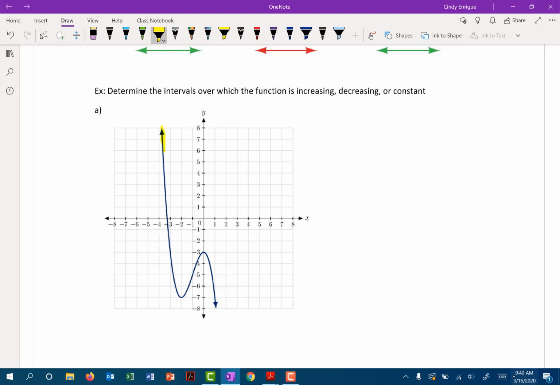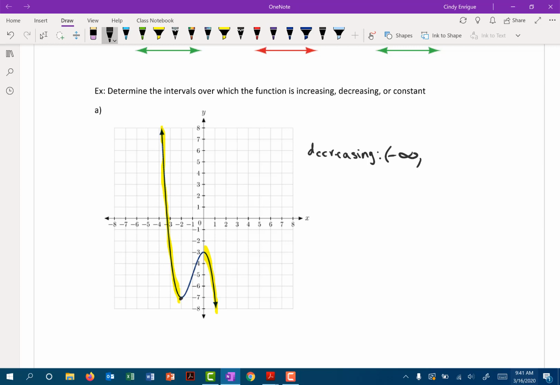So I can see here that I have a negative slope. I also see a negative slope here, okay? So we are going to say that it's going to be decreasing on those intervals. That interval, since this is going up and over, it's at negative infinity.